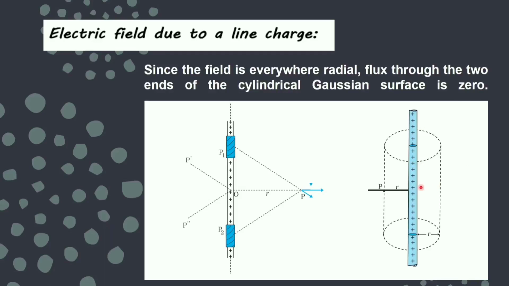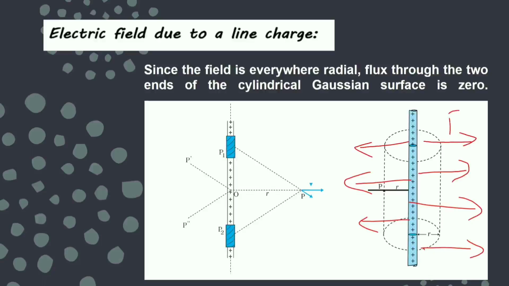It will be in the outward direction, both ways it can be. So this can be the way of denoting the electric field. So that should be clear first of all.